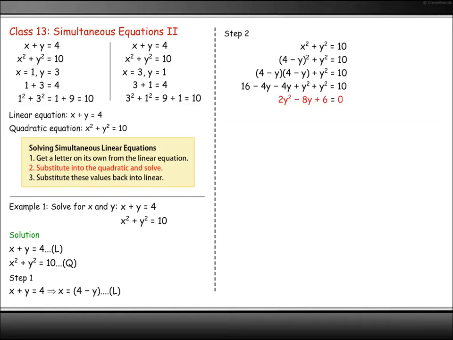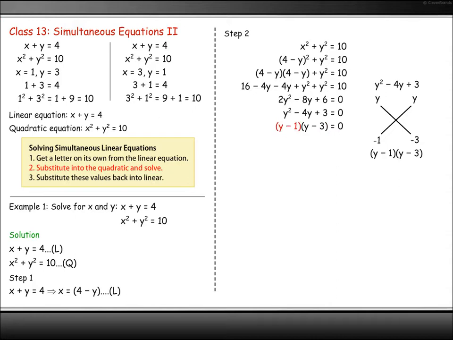Divide across by 2 to simplify the quadratic. Factorize the quadratic in the normal way. The factors are y minus 1 times y minus 3.